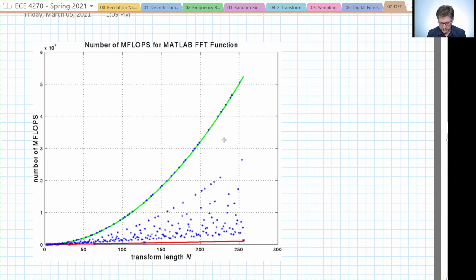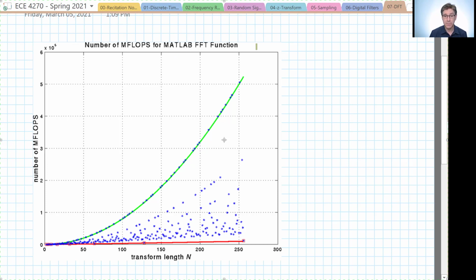Okay, a few things about computation. As I mentioned, you would rather have n equal to some power of 2, so we can do this DFT. And so what I've shown here is the number of megaflops, or million floating point operations, used by MATLAB in the FFT function.